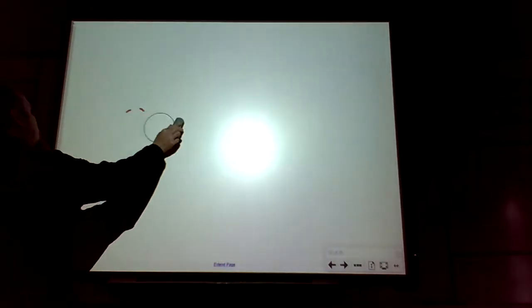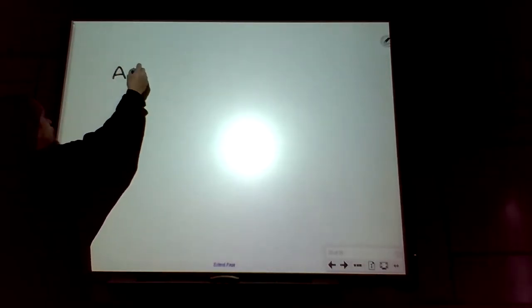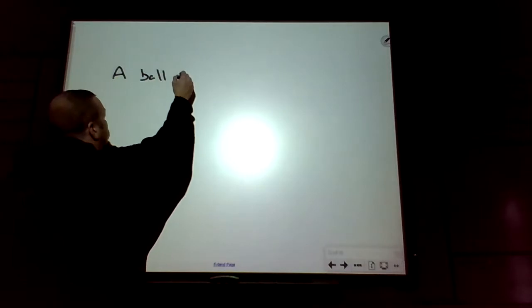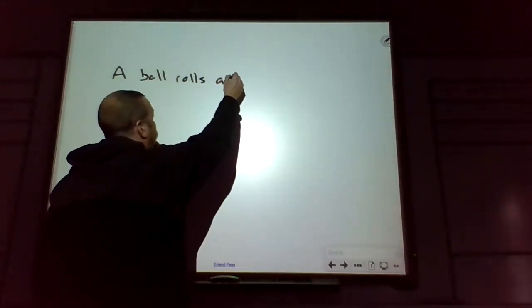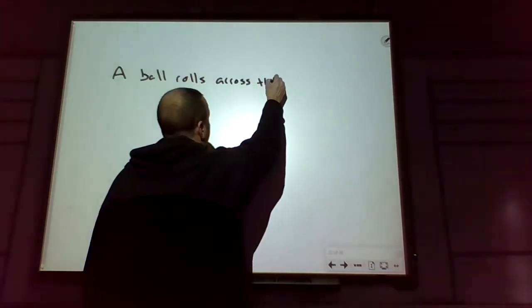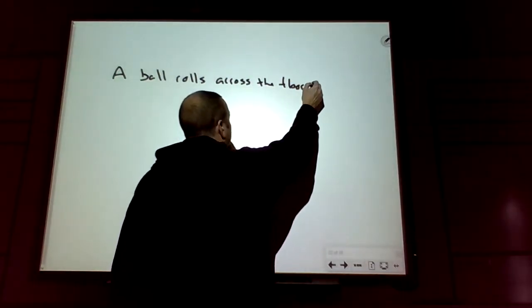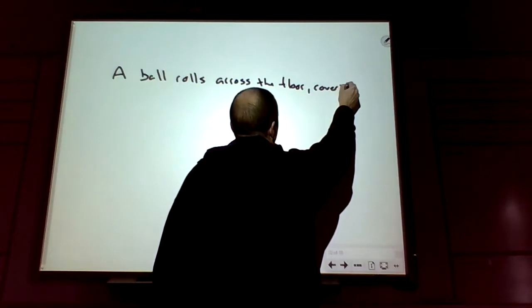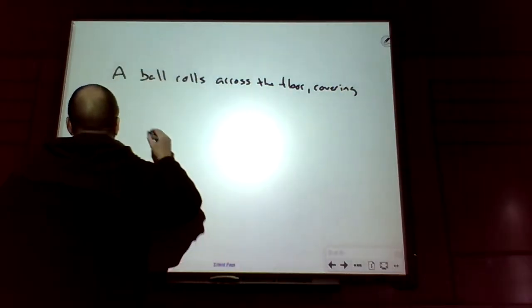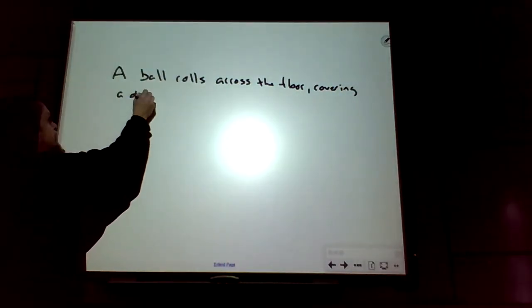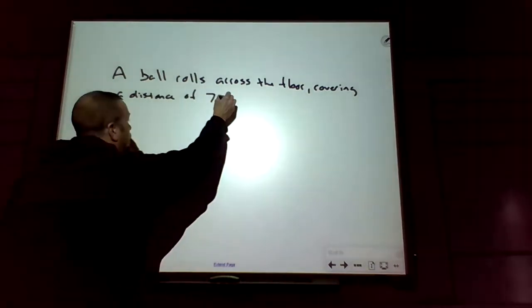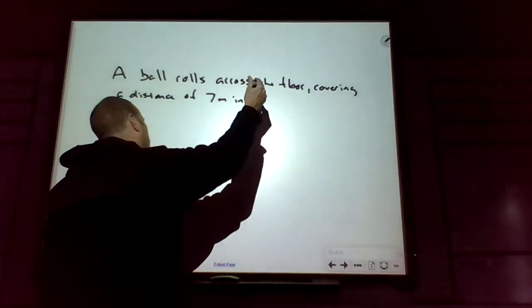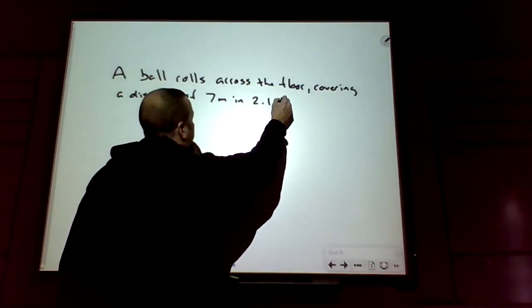Speed problems tend to be a little bit more straightforward. So a ball rolls across the floor, covering a distance of 7 meters in a time of 2.1 seconds.